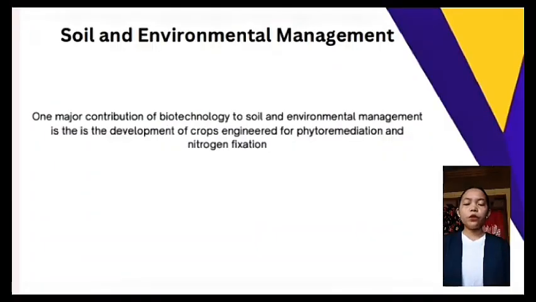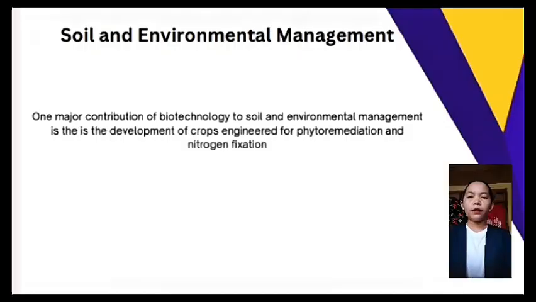So first, soil and environmental management. One major contribution of biotechnology to soil and environmental management is the development of crops engineered for phytoremediation and nitrogen fixation. It explains that this biotechnological innovation helps increase productivity, promote sustainability, and protect the environment, which are essential in addressing global food security and ongoing environmental challenges.